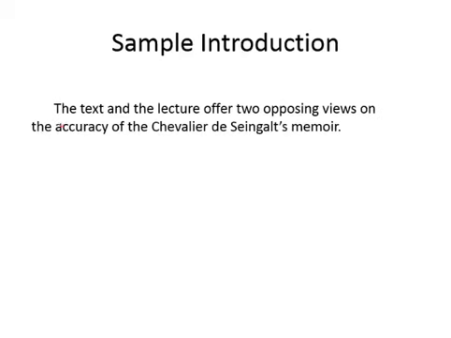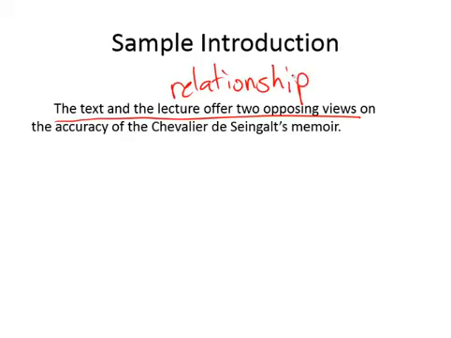What's more important is this: the text and the lecture offer two opposing views. Notice there's no detail. There's no specifics. This is just the relationship between the text and the lecture.